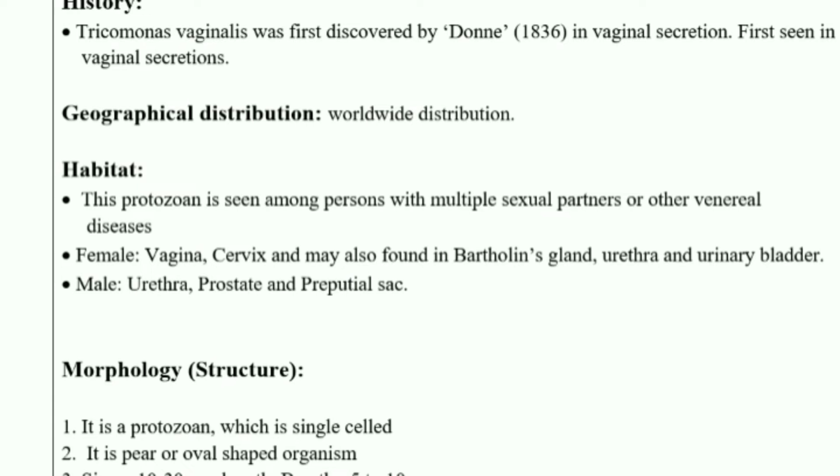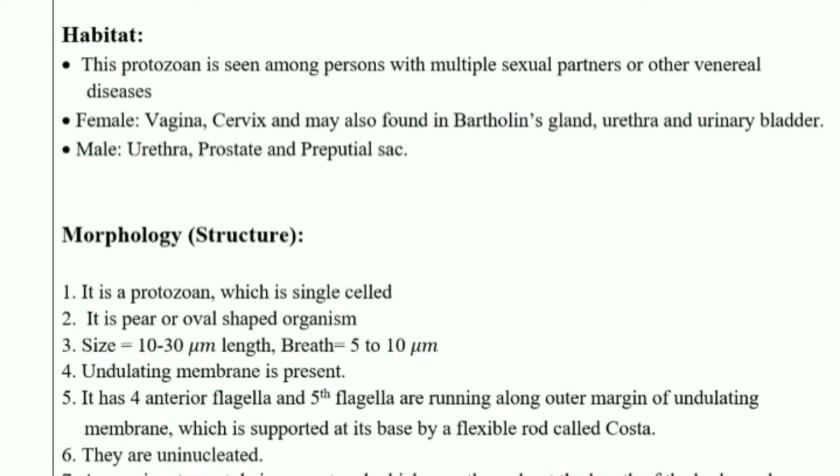This parasitic protozoan is mostly present in those persons. In the case of females, you can see it in the vagina and the cervix, and it may also be found in the Bartholin glands. The Bartholin glands are glands present at the opening of the vagina, and their function is to secrete mucus, a kind of lubricant to keep it moist.